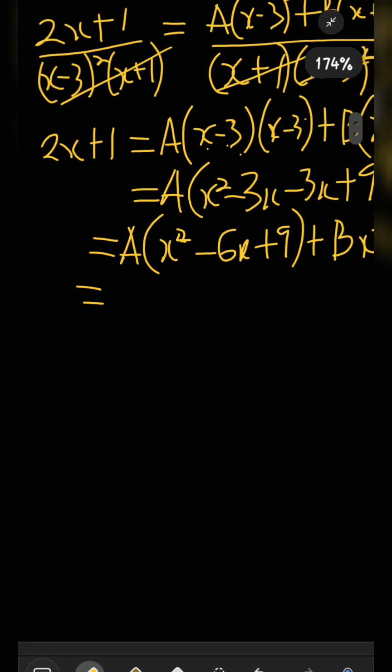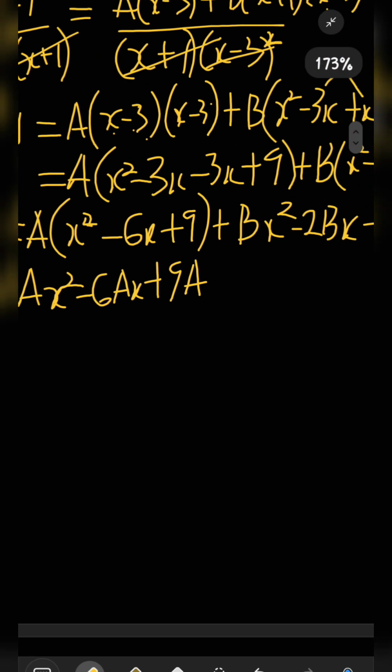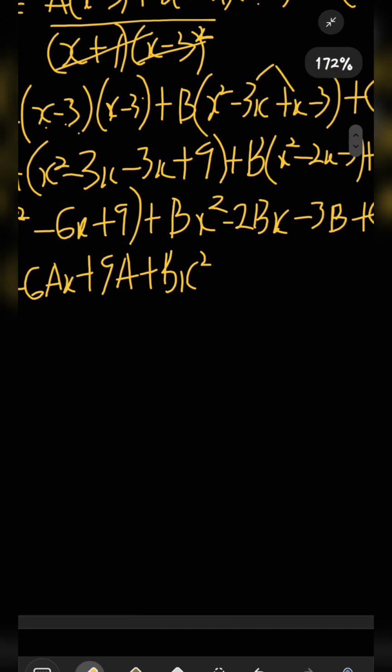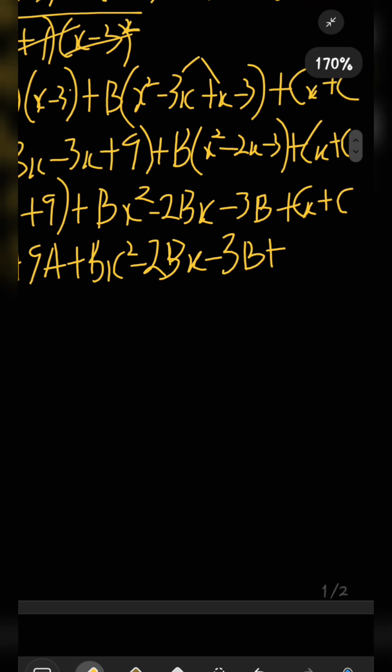So this is equal to a times x squared, we have ax squared. A times minus 6x, we have minus 6ax, plus a times 9, we have 9a, plus bx squared, minus 2bx, minus 3b, plus cx plus c.